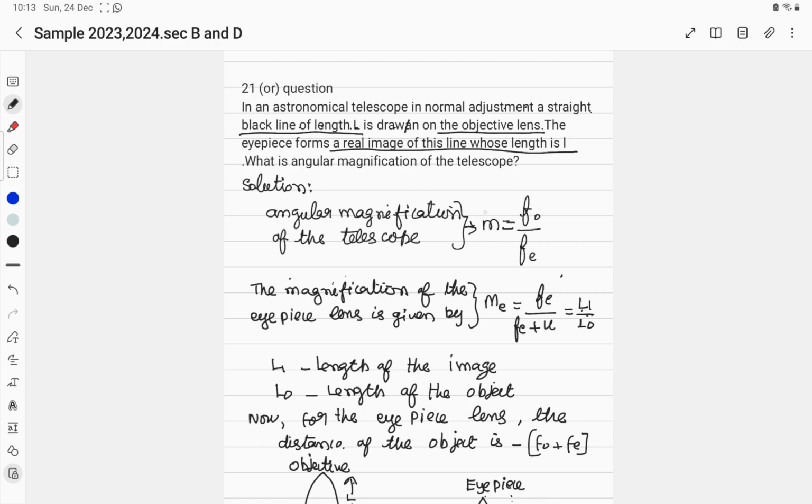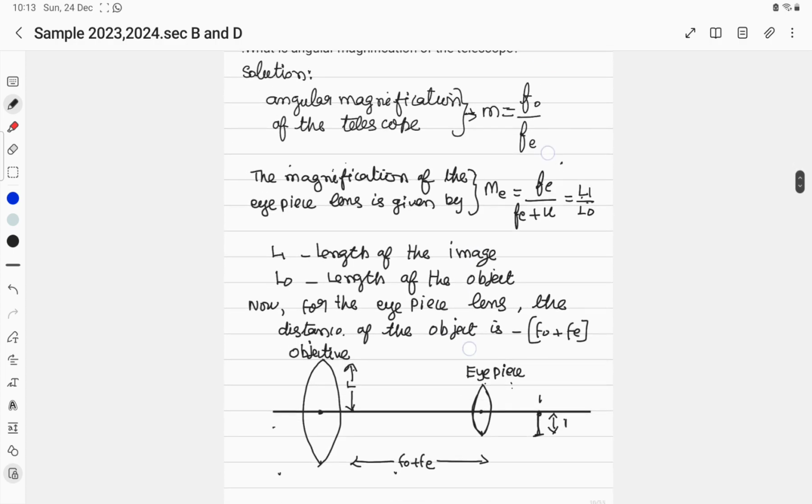Solution. Angular magnification of the telescope M is equal to f0 by fe. Here, the magnification of the eyepiece lens is given by fe by (fe plus u). See the diagram.